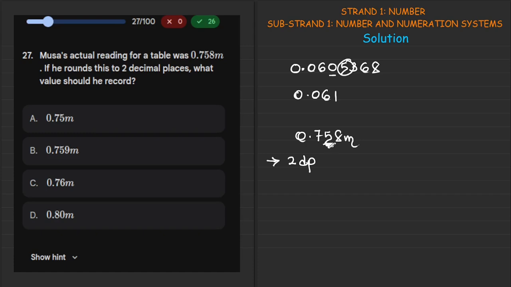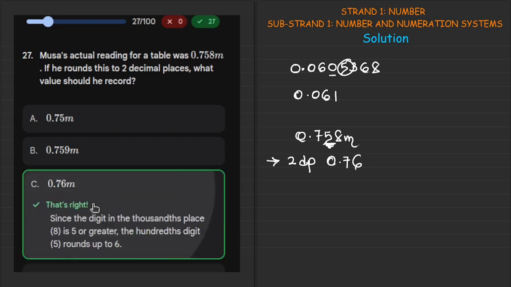And if you want to end here, considering your decider, you are going to get a 0.7. Instead of 5, you have a 6, because the decider is 5 or more. Hence, we are going to add 1 to the 5, so that it becomes 6. So that is a C for correct answer.